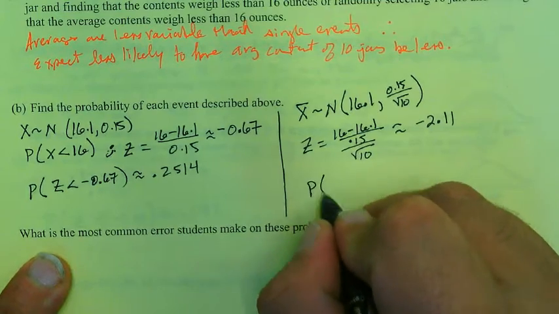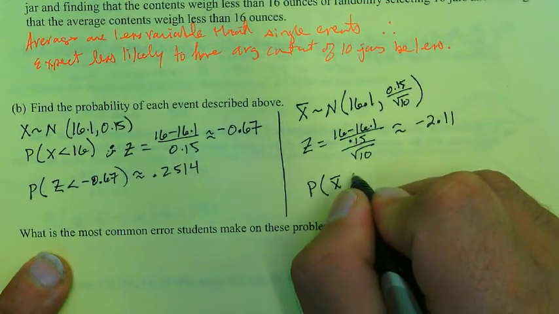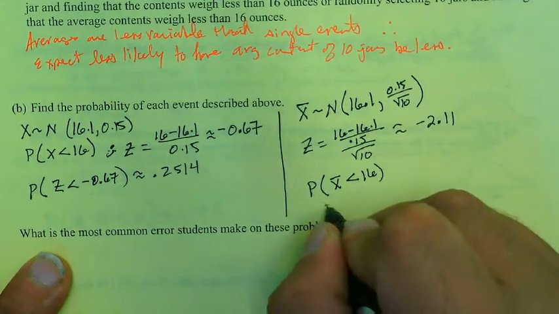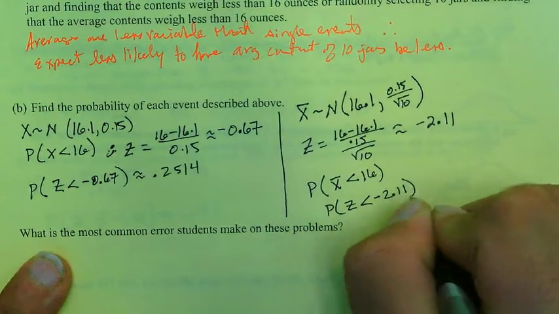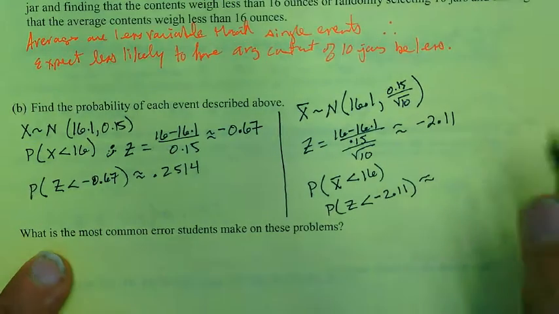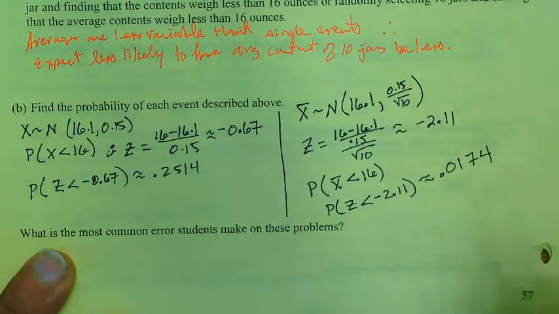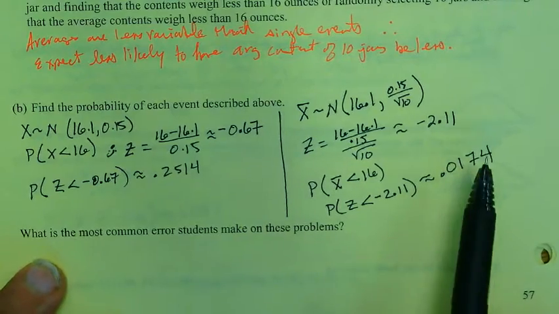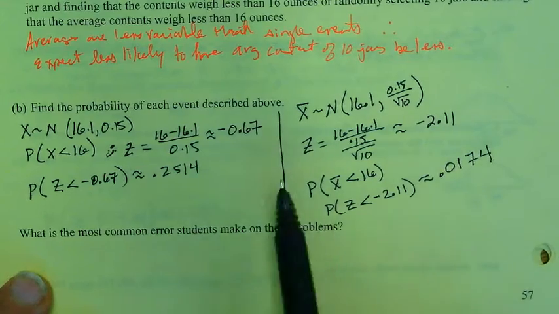So I'm looking for the probability that X bar is less than 16, which will be the probability that Z is less than negative 2.11, which from our table is about 0.0174. Right? So yes, much less likely that the average of the 10 is less than 16 than any individual one.